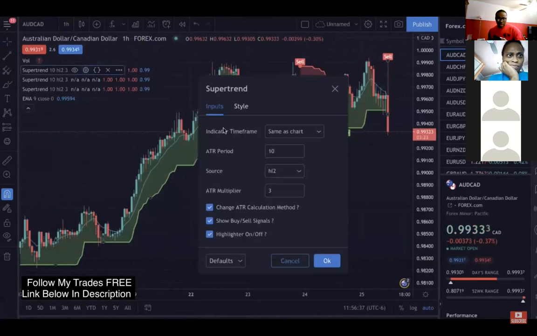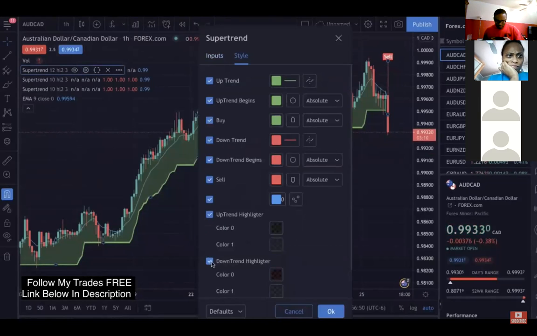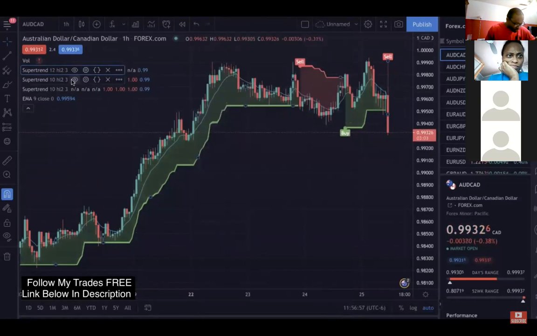So go into the settings for the first one. You're going to change this setting to 12 and leave that at 3. We're not going to show the buy sell signals. We're going to go into the style, and we're going to get rid of these clouds that come up. So that's the first one.